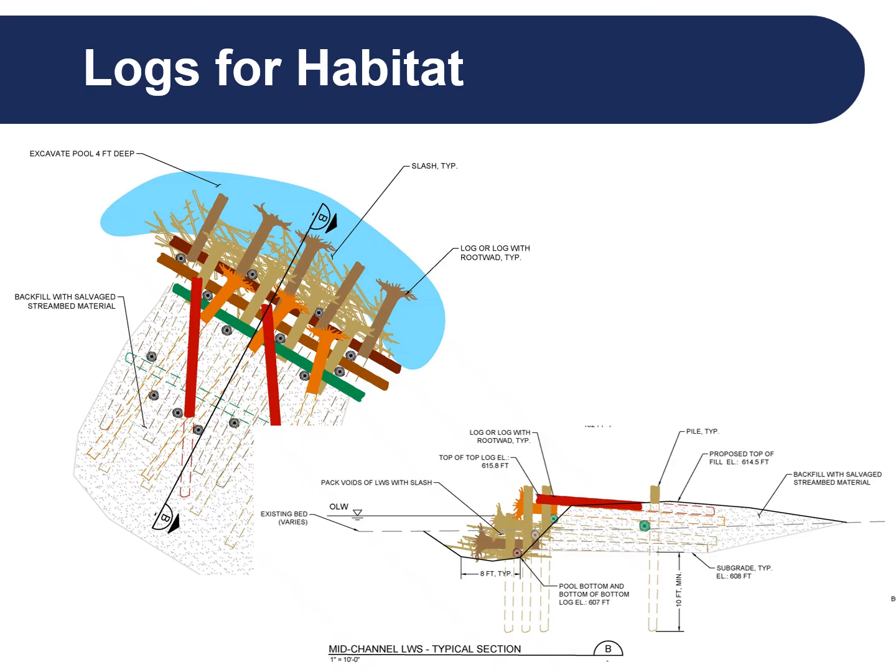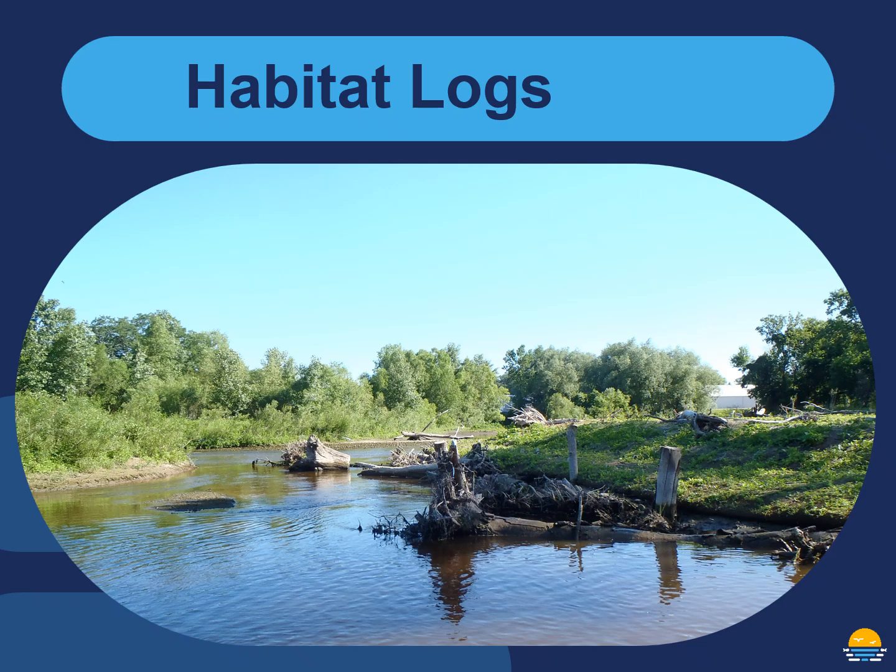And this is a photo of what an engineered log structure might look like when it's built in the river. You've got a log going along here, you've got the root mass that extends down into the water, providing that cover, providing that turbulence to create a pool, an area for a turtle to crawl up or multiple turtles to crawl up on this and bask.